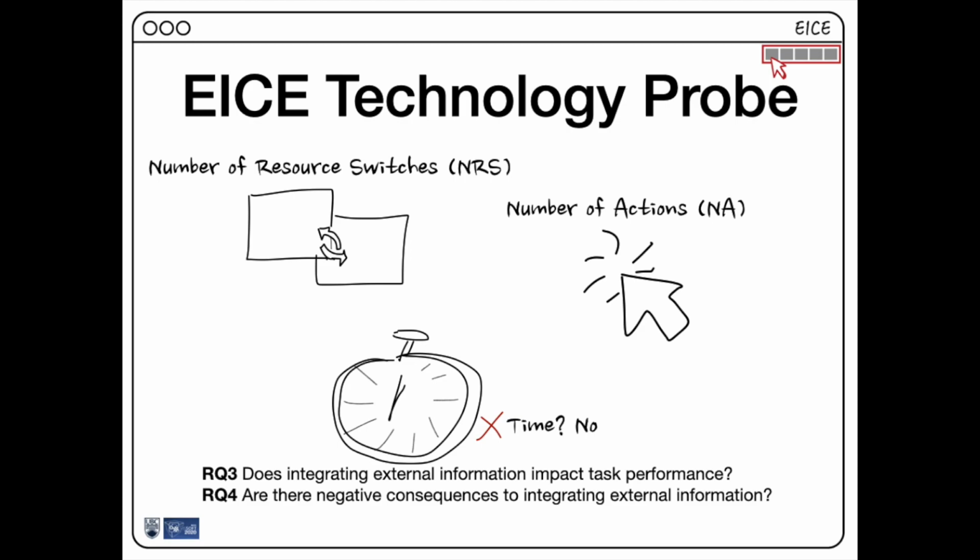The intuition behind these measures is that the more actions developers need to take to complete the task, the more effort a task may require. Additionally, the more resource switches and programs involved in completing the task, the more complex the process becomes, increasing the cognitive load to complete the task.